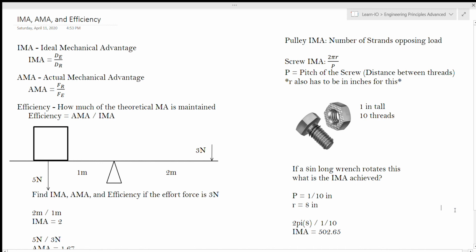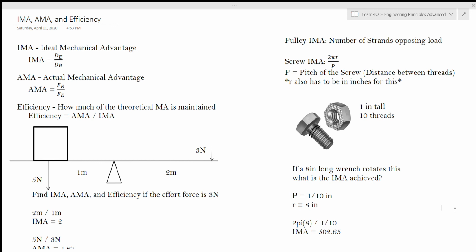And that's because screws actually have the largest IMA of any machine. Unless you get really intense with your pulleys, really long with your levers, and unrealistic with your ramps, screws tend to have the highest IMA. The issue is, because they're always in such tight contact with the walls that surround them, they also have by far the lowest efficiency of any simple machine.